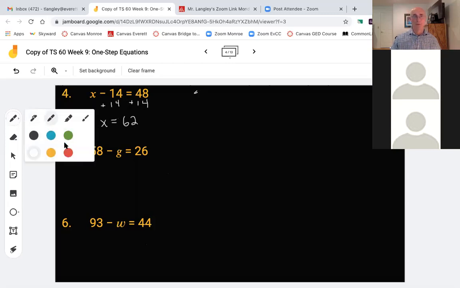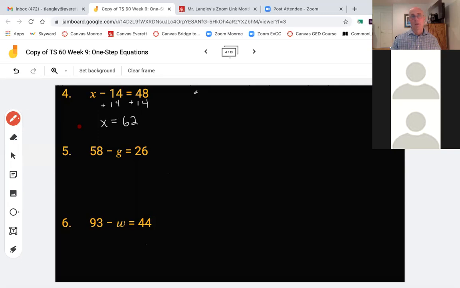Doing the next one, which we just got through talking about. I'm looking right away and I go, oh, I've got a minus g here. I'm going to have to remember how to do that little extra step. If I subtract 58 from this side and subtract 58 from this side, I'm thinking already that I'm going to have a negative number over here, because 58 is bigger than 26. That cancels out these 58s and leaves me a minus g.